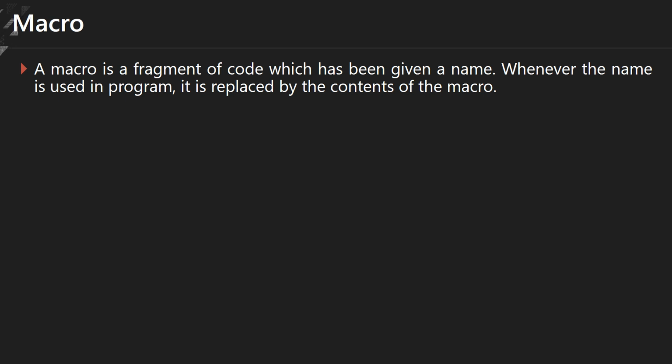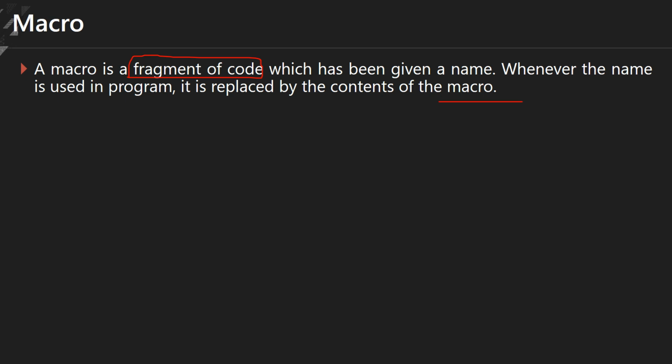A macro is a fragment of code. As a macro, you write code directly and include it at the preprocessor place, and it is given a name. Whenever the name is used in the program, it is replaced by the content of that macro. It reduces the complexity of the program. If you write the entire code directly in your program, readability becomes complex.